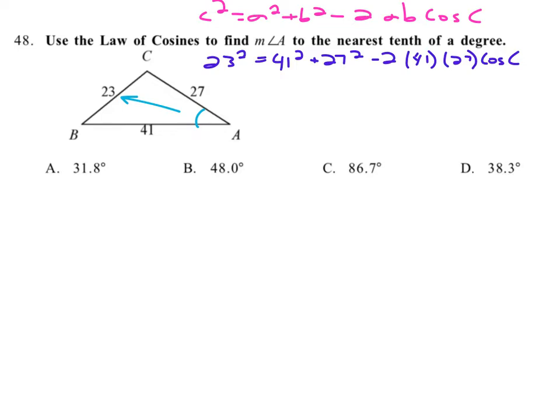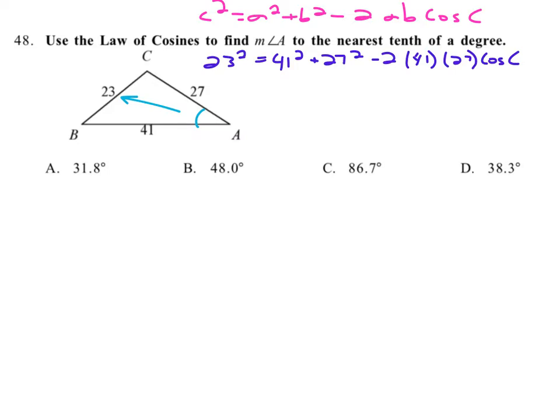Now here's the bit. Because we're isolating cosine C, we actually first need to calculate all of these numbers. There's a way to do it, and I can show you the way to do it in just a moment if you care to, but this might be the best way for most of you. So I'm going to show you this.